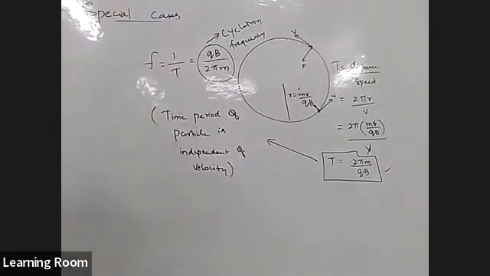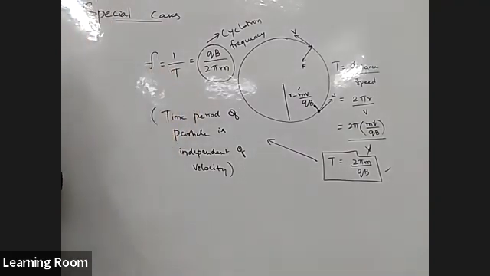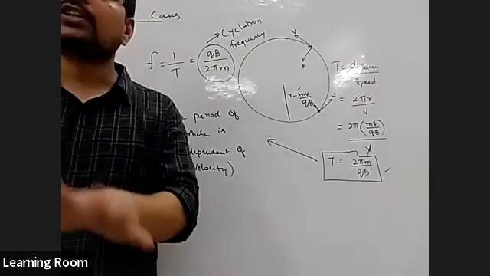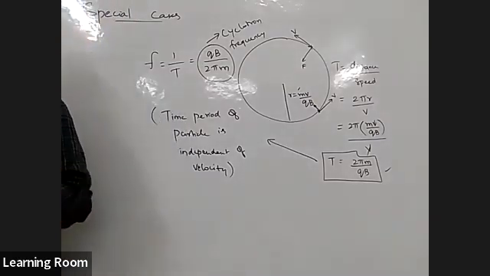If there is a motion where the force is always directed towards one point, that point is what we call the center, and that kind of motion is more specifically called uniform circular motion. If you just answer circular motion, it is still wrong, because in circular motion you can have non-uniform motion also.